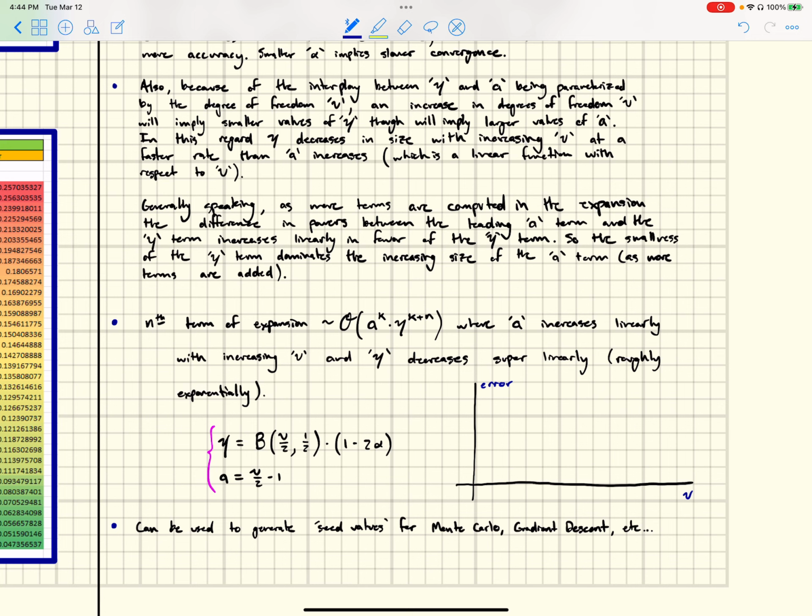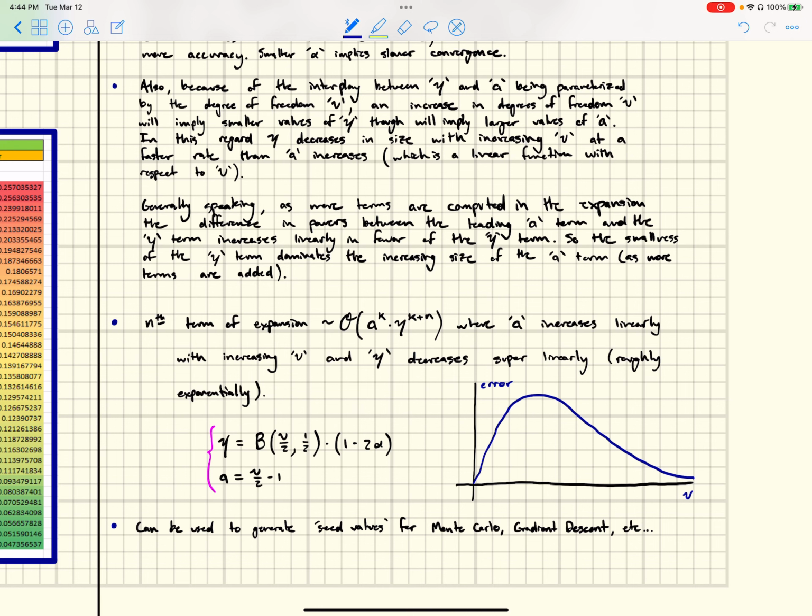Roughly, the errors are going to be very low for 1 and 2 because those have closed analytical forms. But it's going to rise in the middle, and this is due to the interplay of that gamma and A term. And then it's going to drop off exponentially as you increase V. That's just a general thing that you notice playing with these.